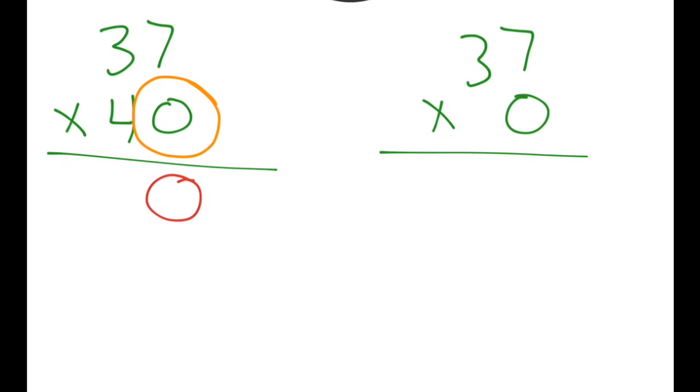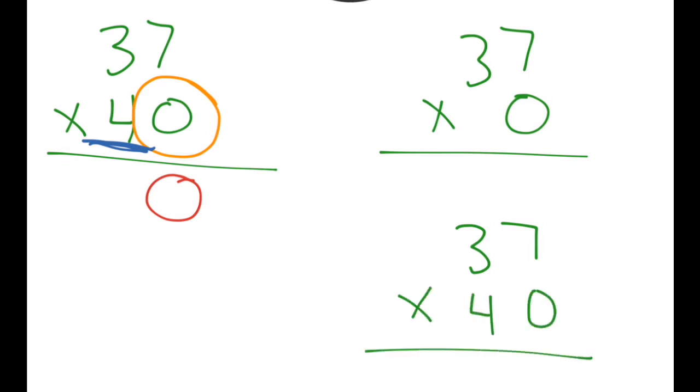After we've multiplied by the ones place, we're going to move on to multiplying by the tens place. In this case, we have a 4 in the tens place. So what we're actually looking at here is 37 times, when you see that 4 in the tens place, you're thinking 40. So we're actually looking at 37 times 40.